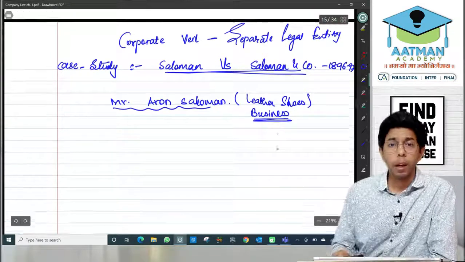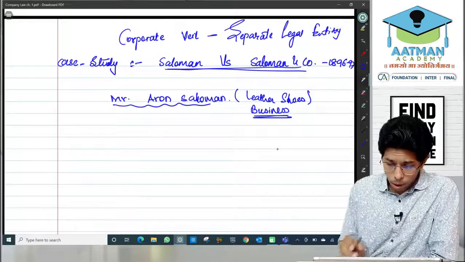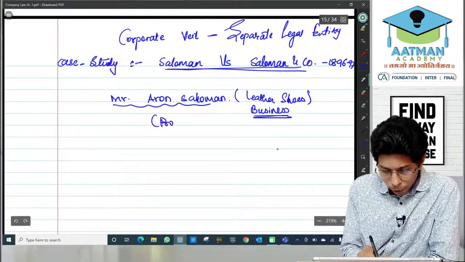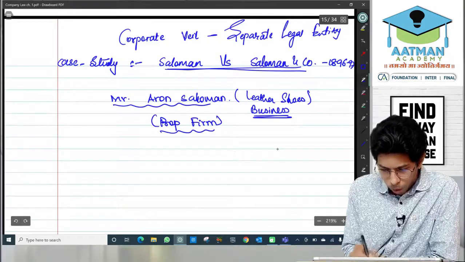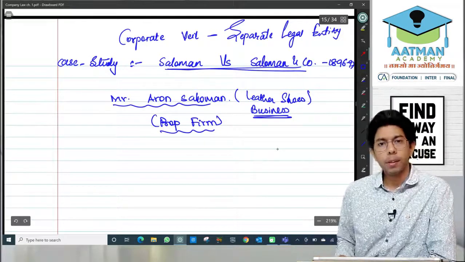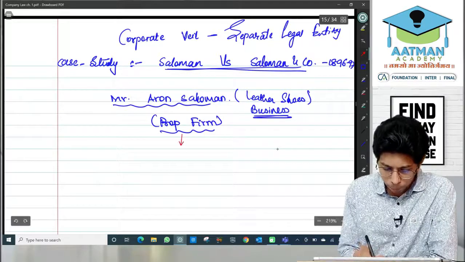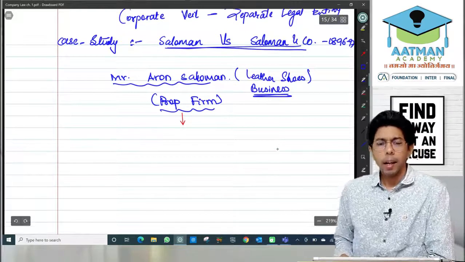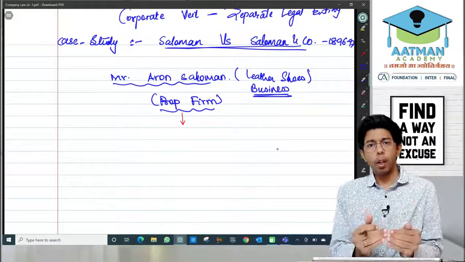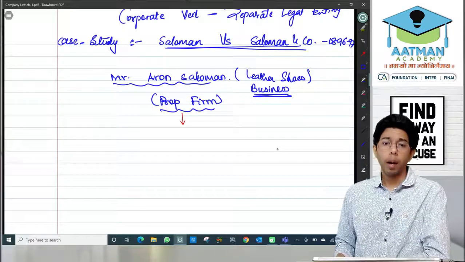He is having a leather shoes business and he is having a proprietorship firm. He is very successful in his business. Gradually what happened? He decided that he will take over this particular business and frame a company.